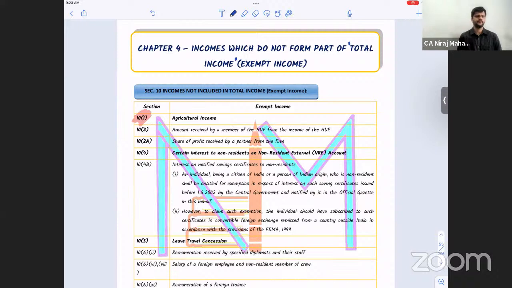Okay. So chapter 4, incomes which do not form part of total income. So first of all, they are income. As I've told you, whatever is the nature of income, it satisfies the definition of income. It is to be considered under your income tax, only if it is not loan, liability, capital, whatever, different things. That we will not consider.